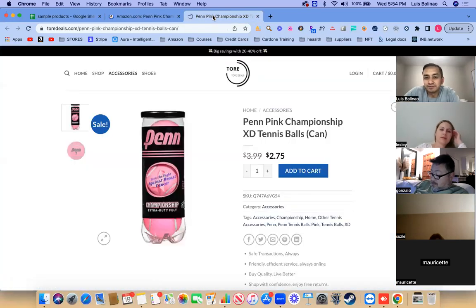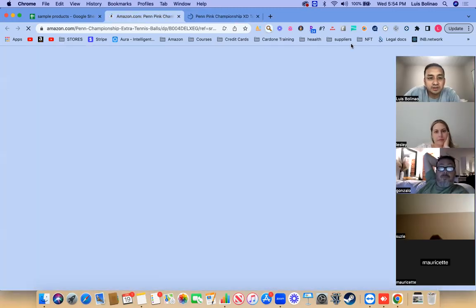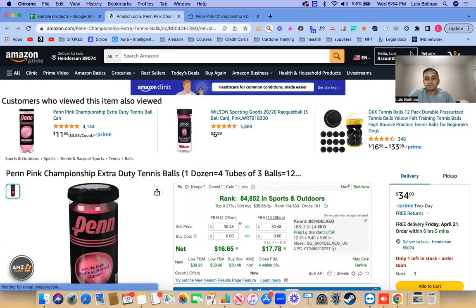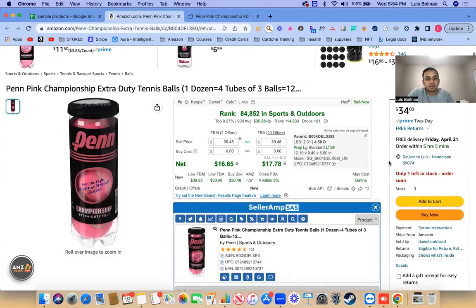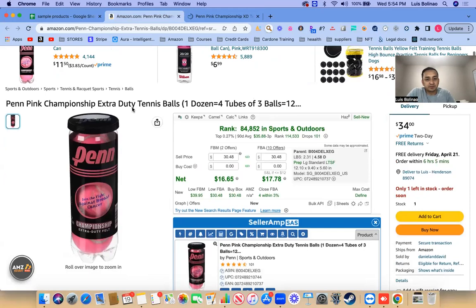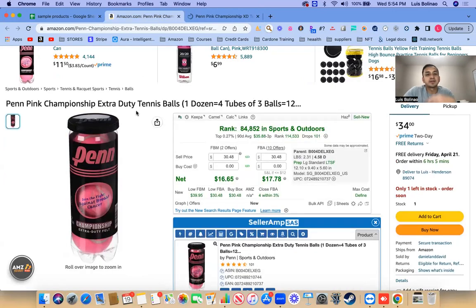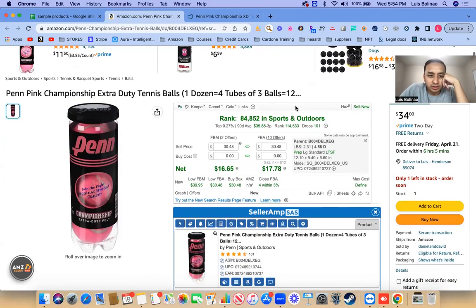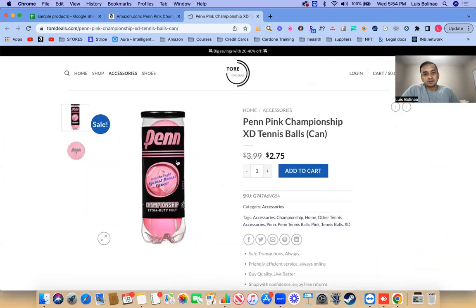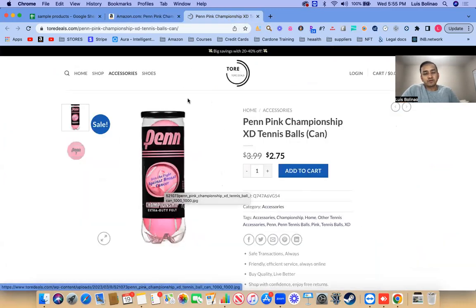Any questions or no? Okay. All right, next product. So Penn Championship extra duty tennis balls. Okay. So this one is 1 dozen, so 4 tubes of 3 balls, right? So 4 of these, correct?